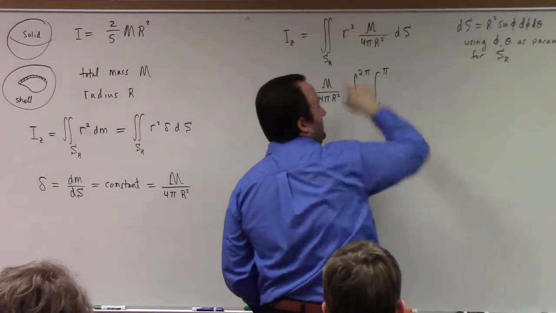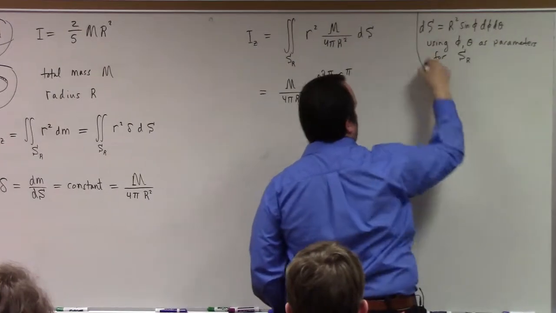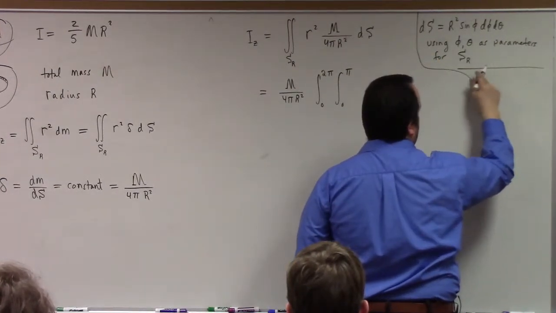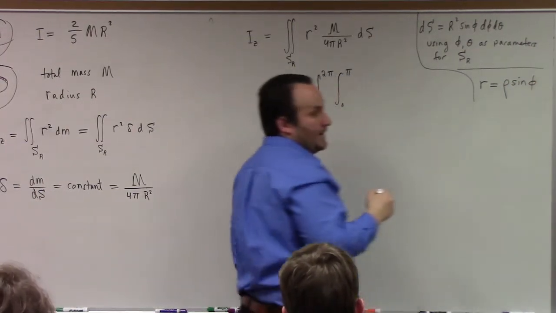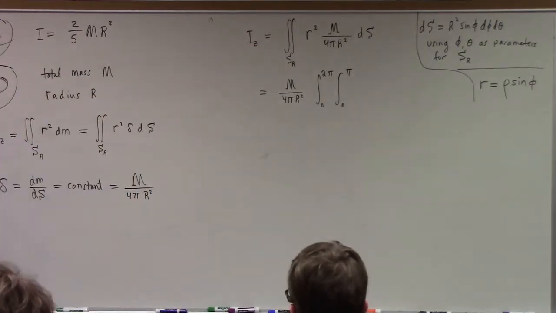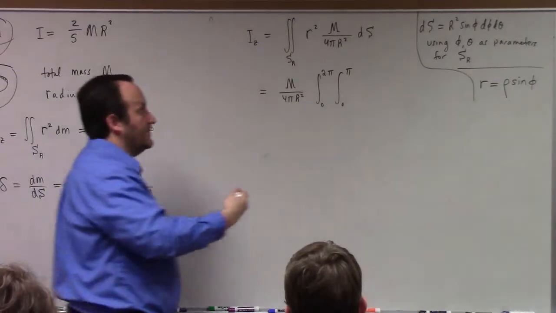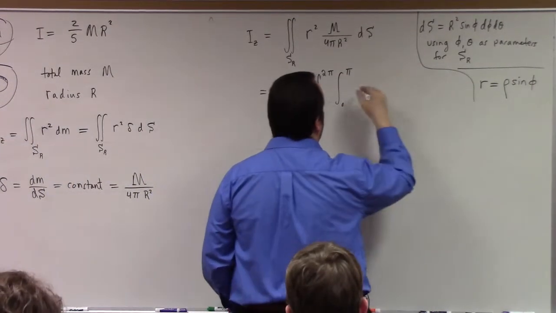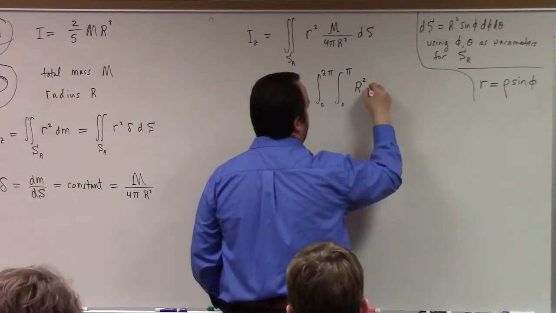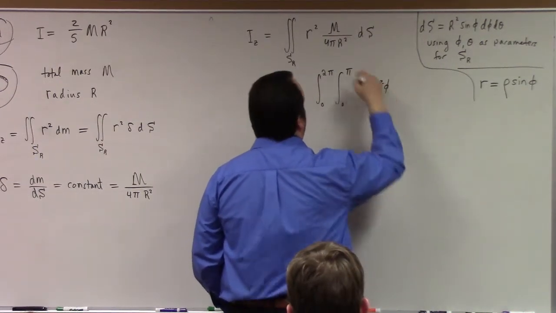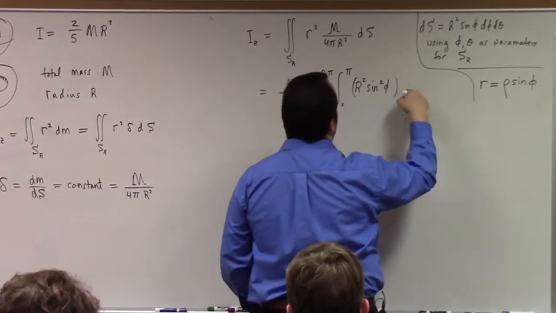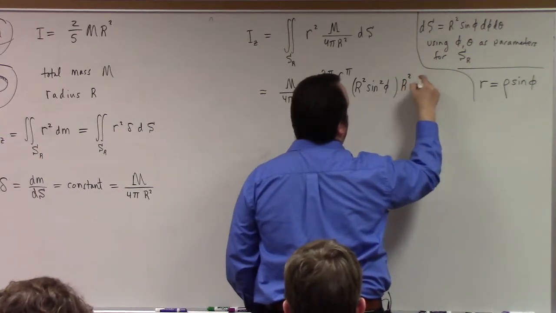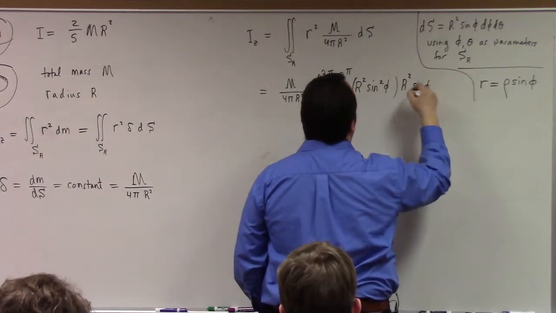Now, this r is the cylindrical radius, right? r is equal to rho sine phi. But we're on the sphere of radius big R, so rho is equal to R. So this r squared becomes big R squared sine squared phi. And then my dS gives me R squared sine phi d phi d theta.